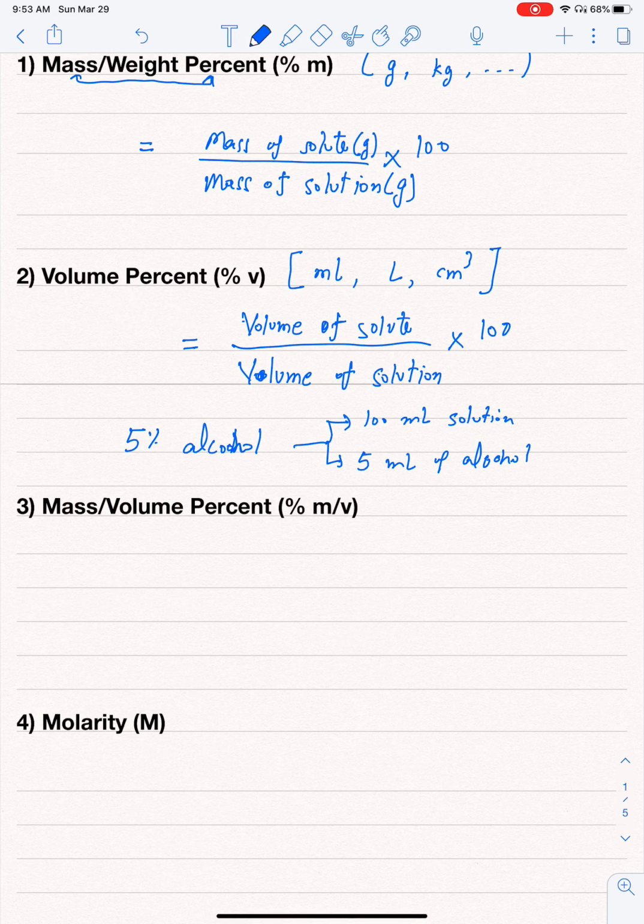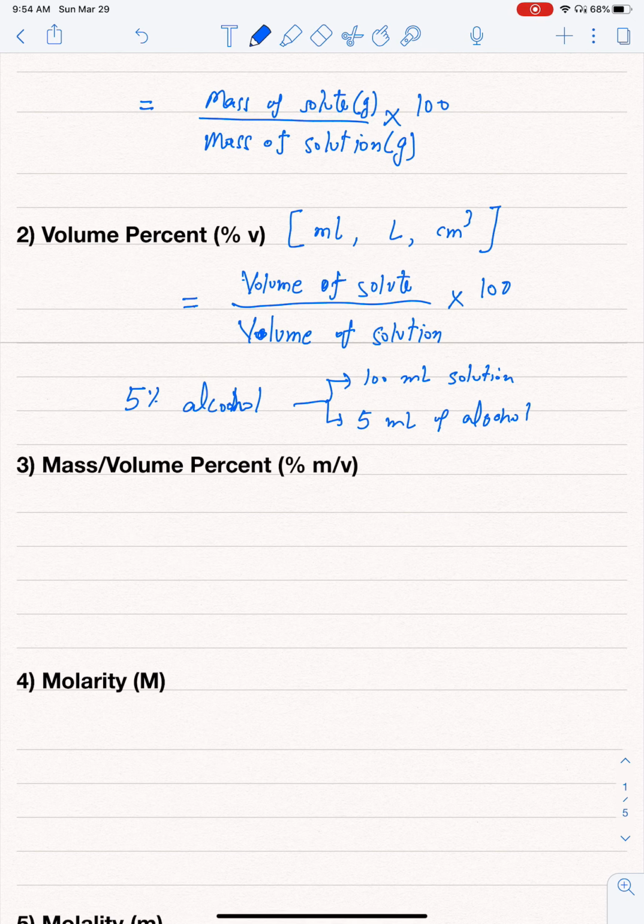Now, sometimes you also measure these concentrations in terms of mass volume percent, and this is where you have to be a little bit careful with the units. This technically means you're measuring the mass of the solute, but when it comes to the solution, you're actually measuring the volume of the solution.